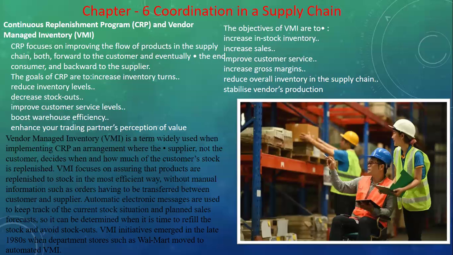What is the goal of CRP? The goal of CRP is to increase inventory turns. On a daily basis, the requirements of the process, like raw materials and other things, need to be fulfilled on time. We also need to reduce the inventory level.